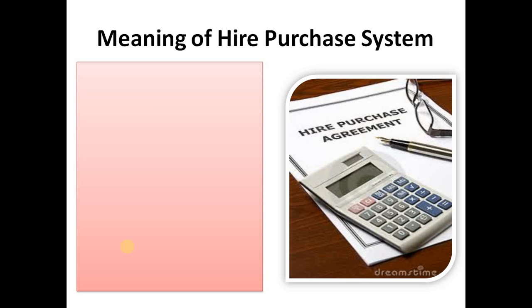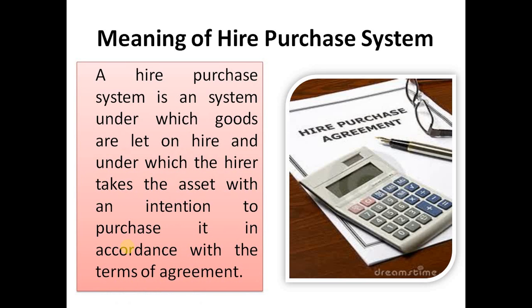Now we'll see what this hire purchase system actually is. A hire purchase system is a system under which goods are let on hire and under which the hirer takes the asset with an intention to purchase it in accordance with the terms of agreement. So here you can see that one term I have used, that is hirer.